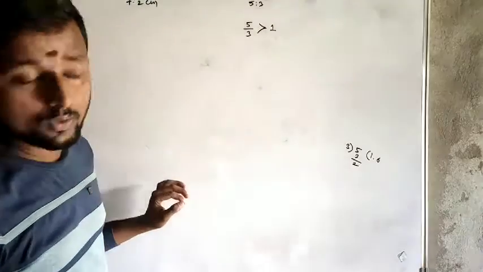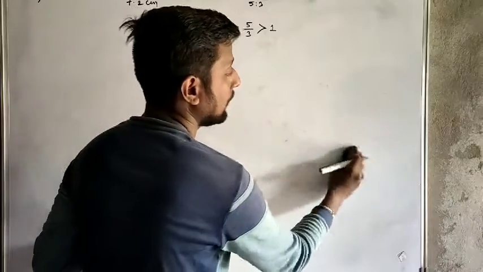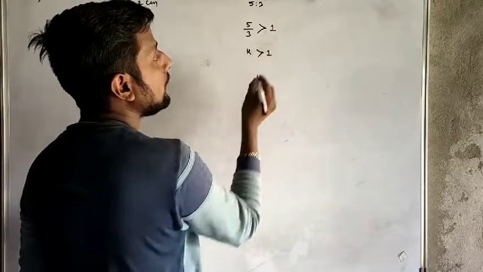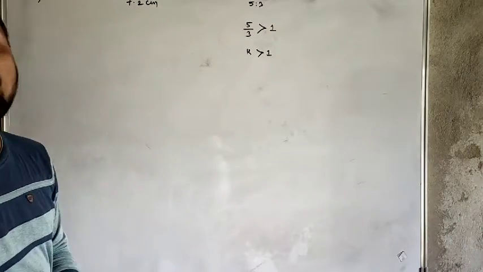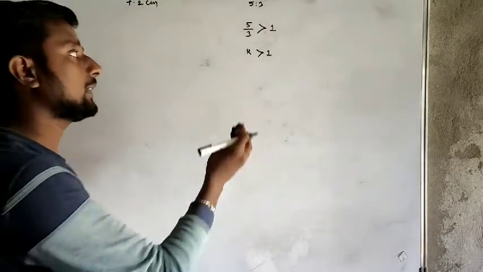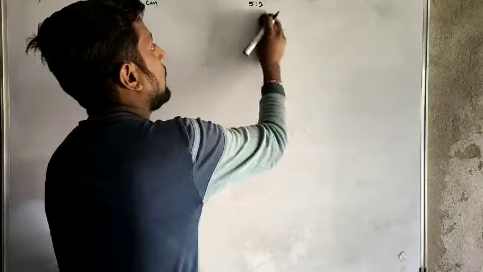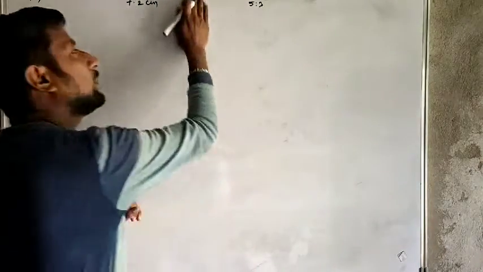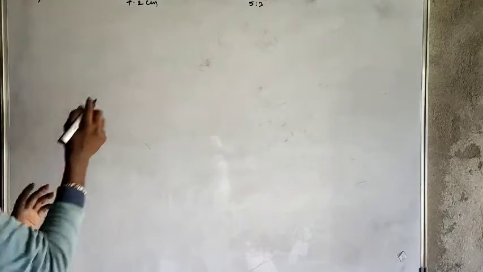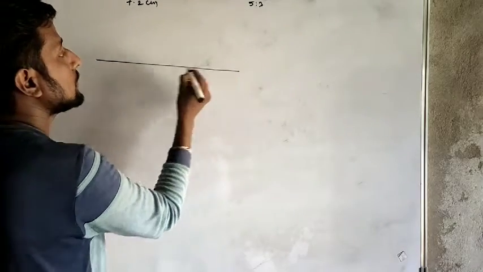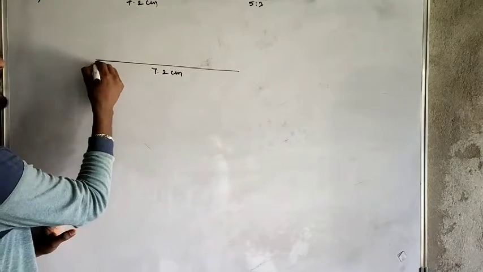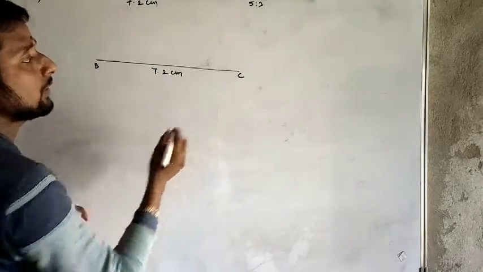Correct? So we know about the scale factor. If the scale factor k value is more than 1, the resulting figure is an enlarged figure. Am I right? So I will draw just a rough diagram. Look at the construction now. What to do? Take a line segment of 7.2 centimeters and name it BC.